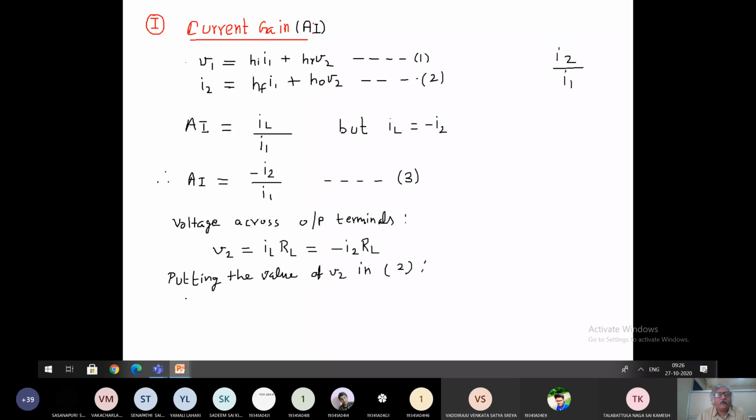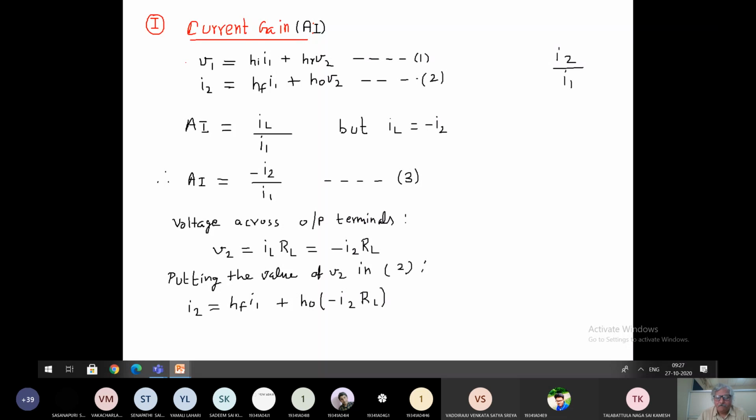So what we will get? We will get I2 is equal to hf I1 plus ho, right? And now in place of V2 we will write minus I2 RL. So first I will write inside bracket minus I2 RL.